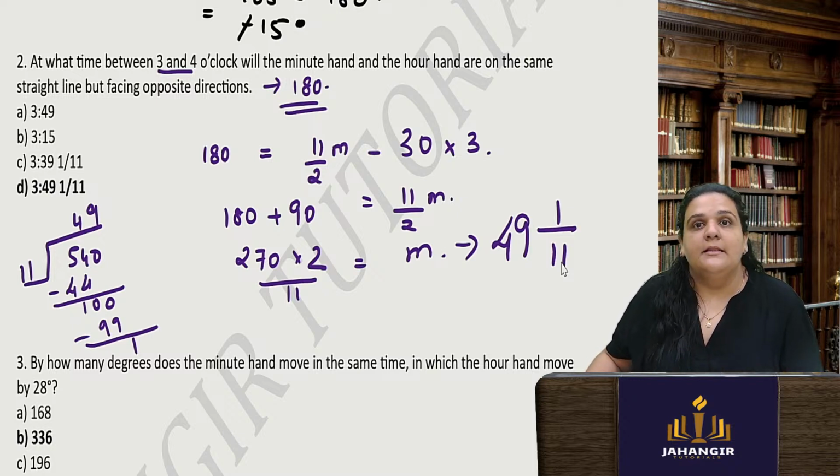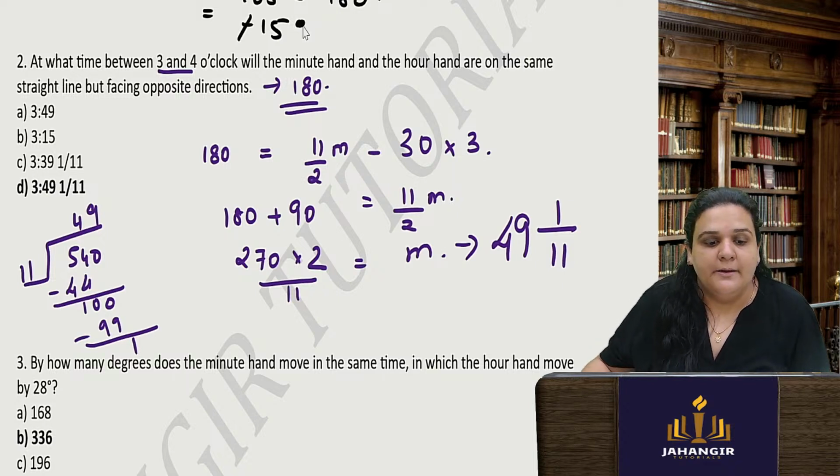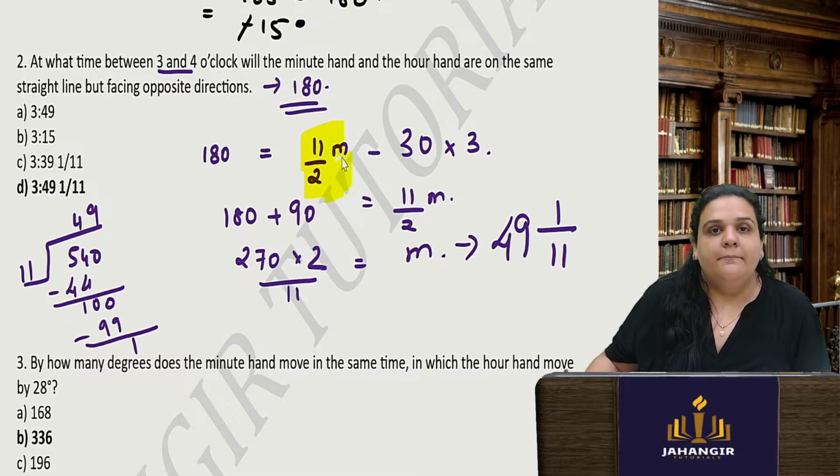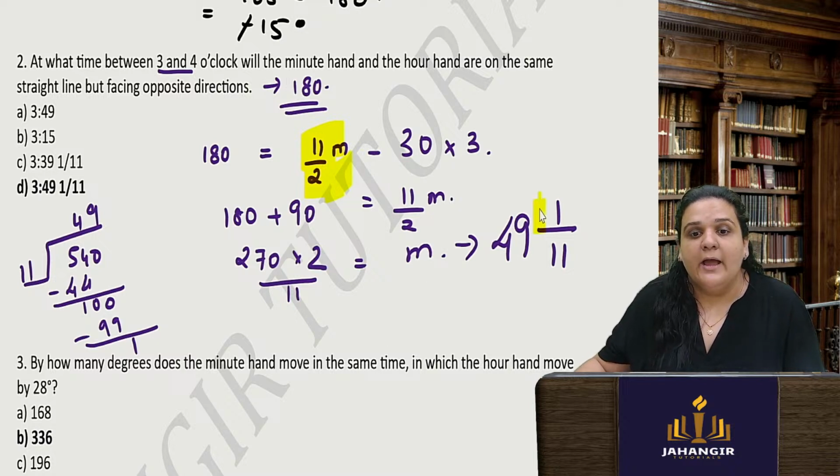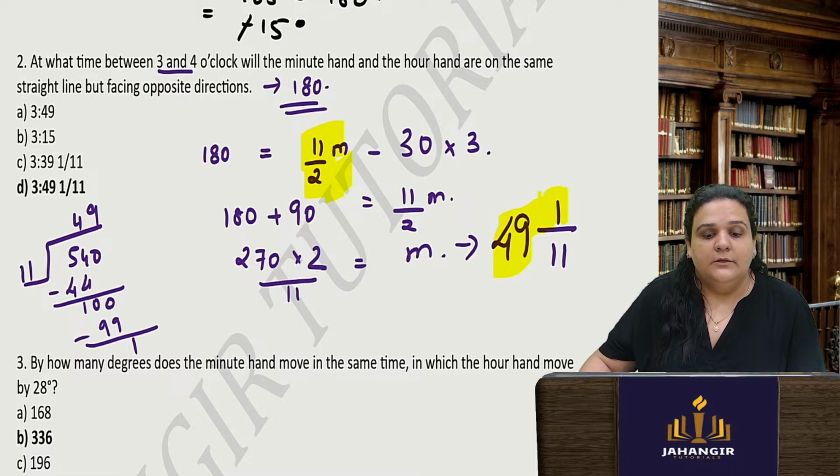Without pen and paper, if you add the whole number with its numerator, it will become a number which has 0 in its units place.